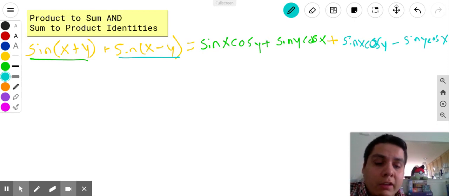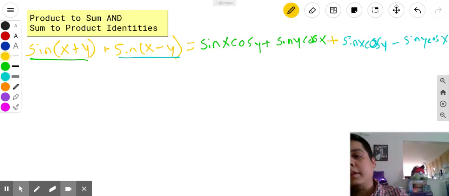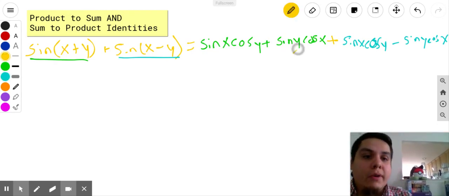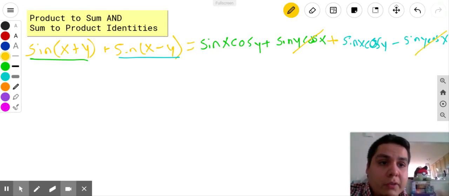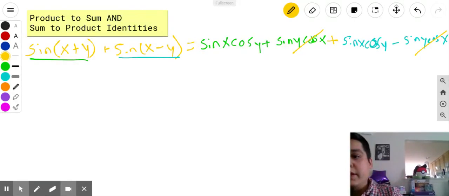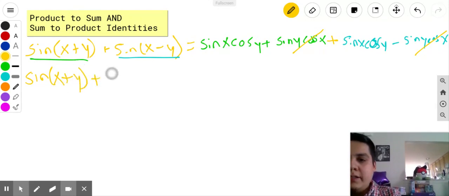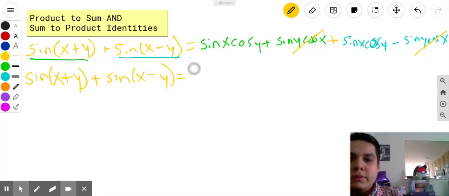And if you look exactly at the terms I have, the four terms, two of them are going to cancel out. Specifically, sine y cosine x, because they're both the same, except one's a positive version, one's a negative version. So really, I know that sine of x plus y plus sine of x minus y is equal to 2 sine of x cosine y.